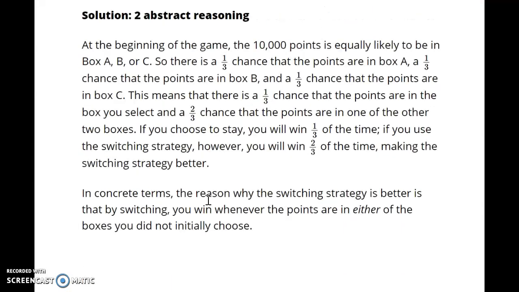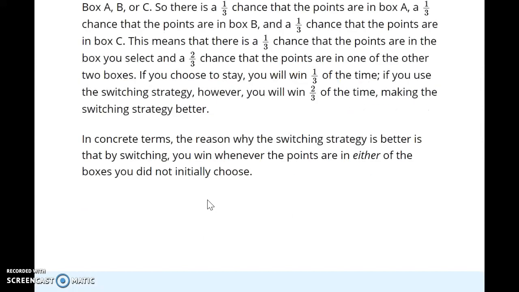Another way to look at that is to look at the abstract reasoning. When you know nothing about box A, B, or C, there's a 1/3 chance. And as soon as one of the boxes is revealed to be the wrong one, then you've got a 2/3 chance after switching the strategy.